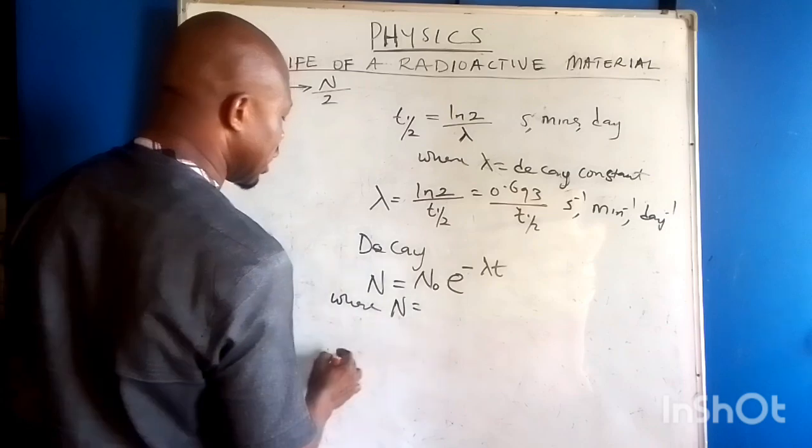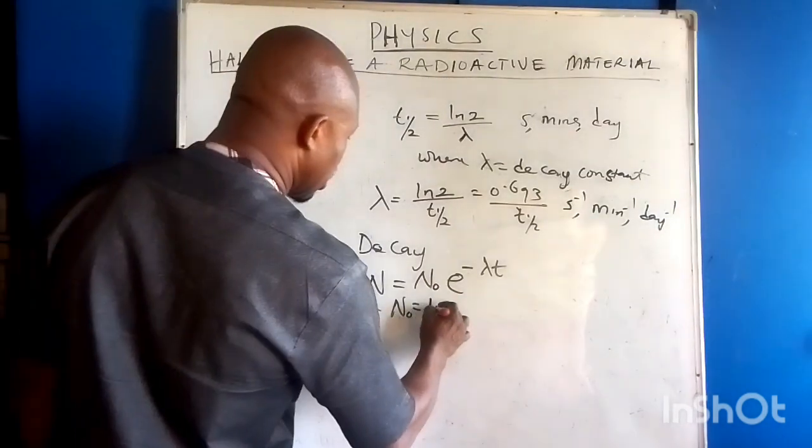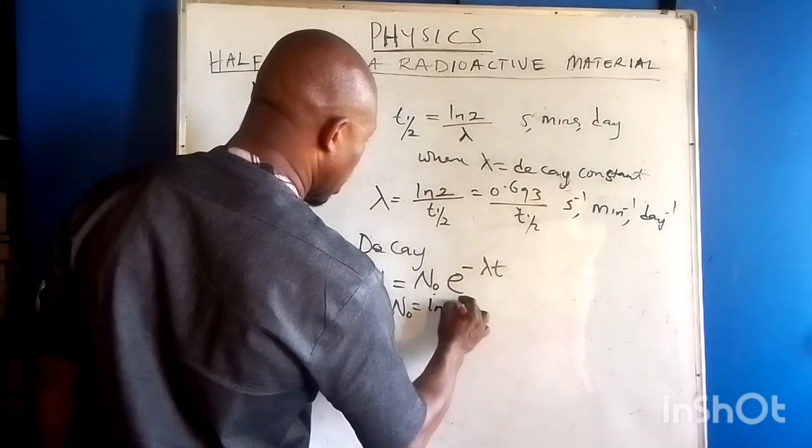Let us start with N0. N0 is the initial number of atoms present.